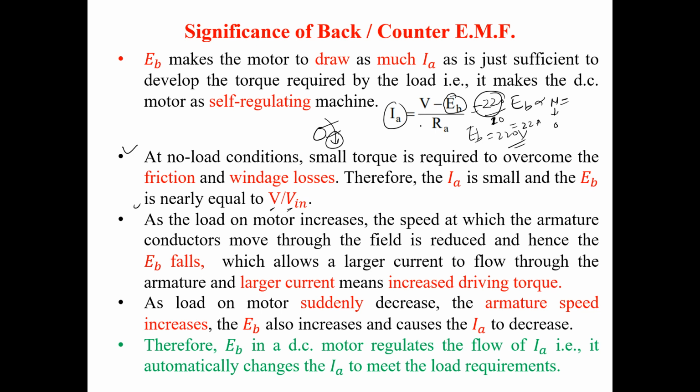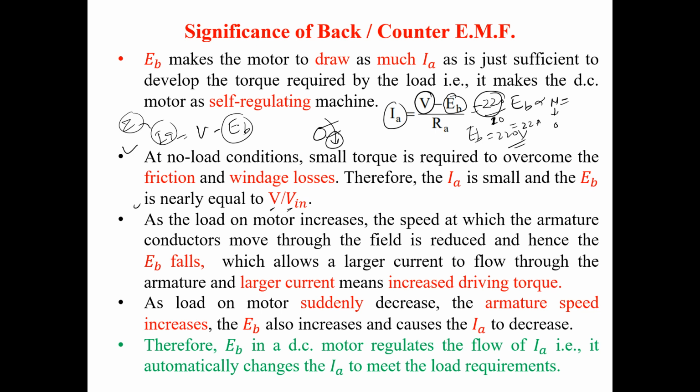Now, if EB is increasing, this IA will be reduced, because V remains constant. This will be the equation, V minus EB. The only variable is EB, the voltage is constant, 220 volt or 200 volt, and IA is also variable, and it further depends upon torque.